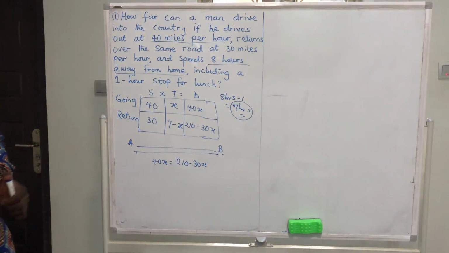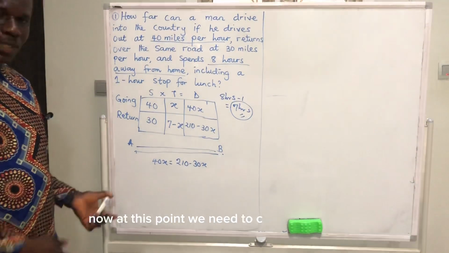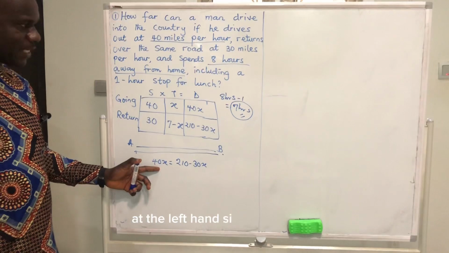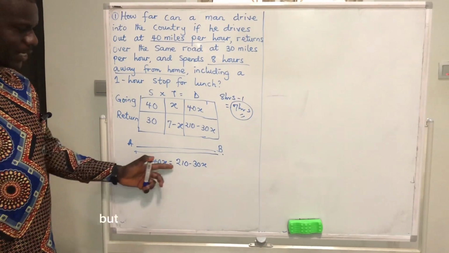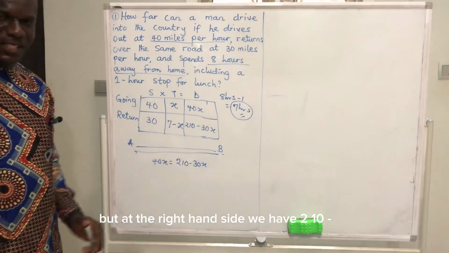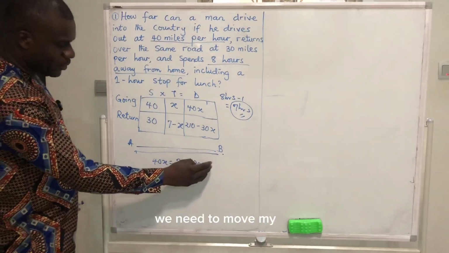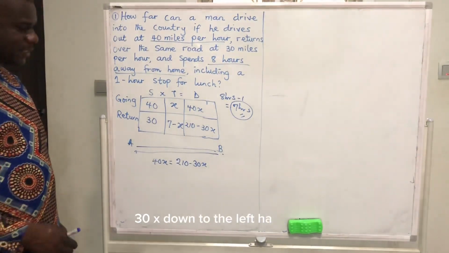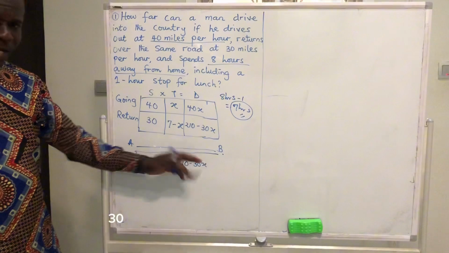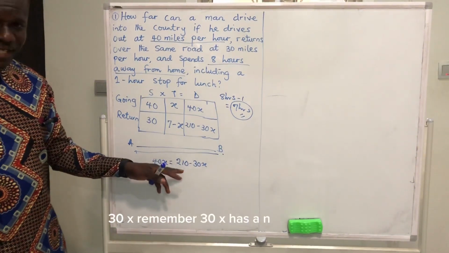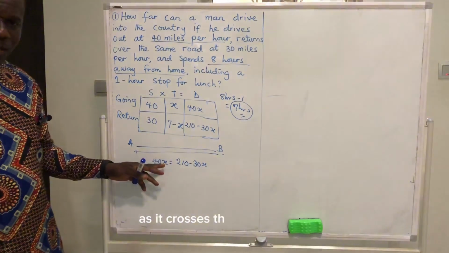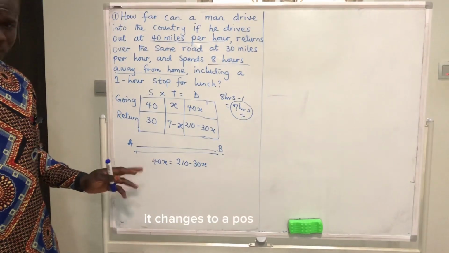Is that clear? Now at this point, we need to collect like terms. On the left-hand side we have 40x, and on the right-hand side we have 210 minus 30x. So we need to move minus 30x to the left-hand side. As minus 30x crosses the equal sign, it changes to a positive sign.